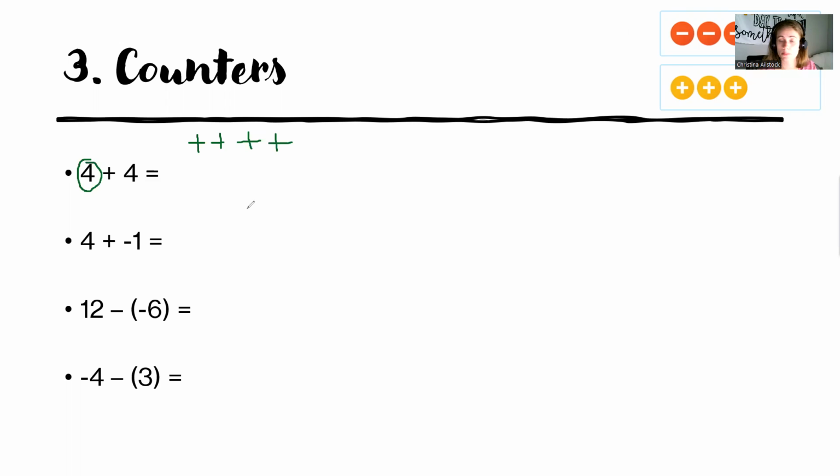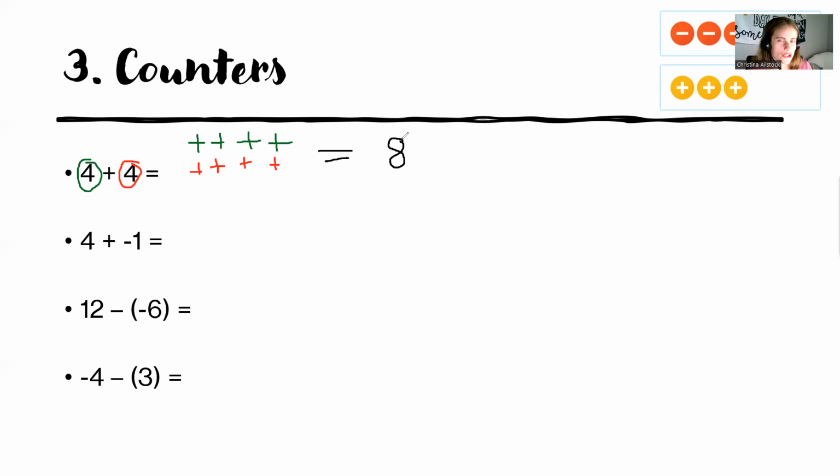So I'm doing 4 plus signs. And then we're adding 4 more positives. So 1, 2, 3, 4. If we tally all of those up, that gives us 8 total plus signs, meaning 4 plus 4 is a positive 8.